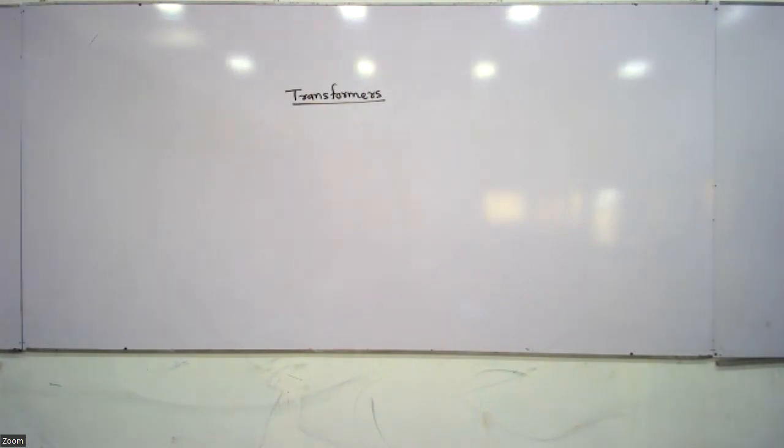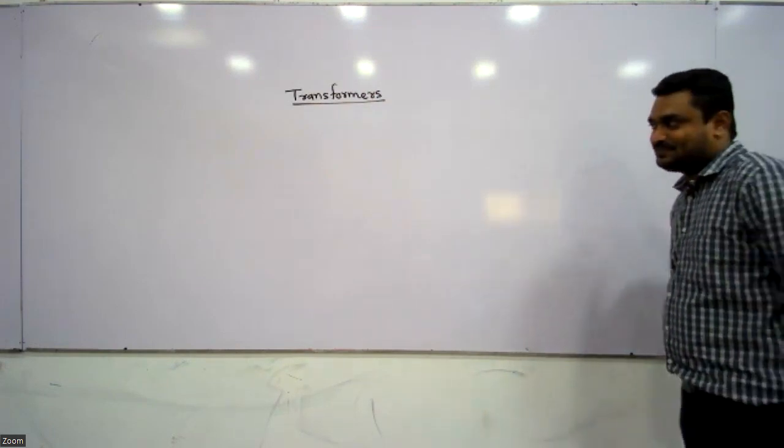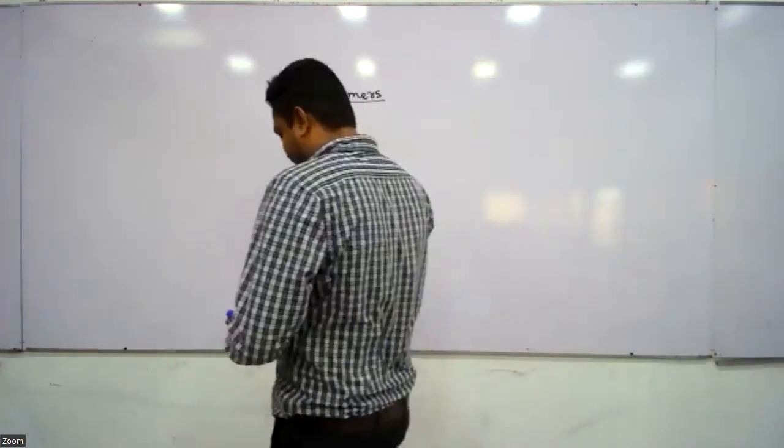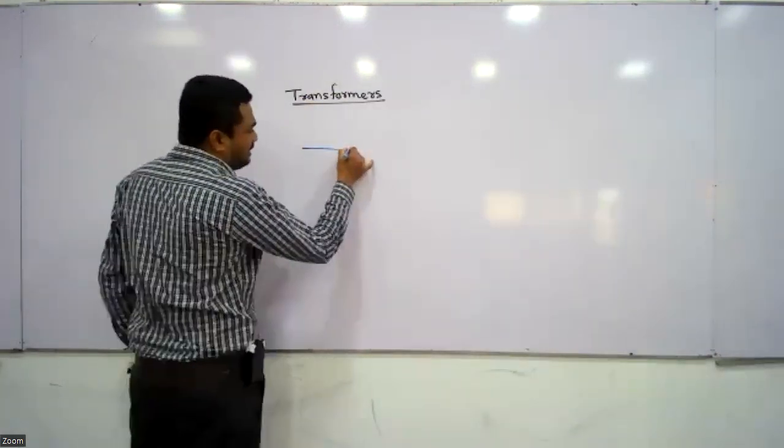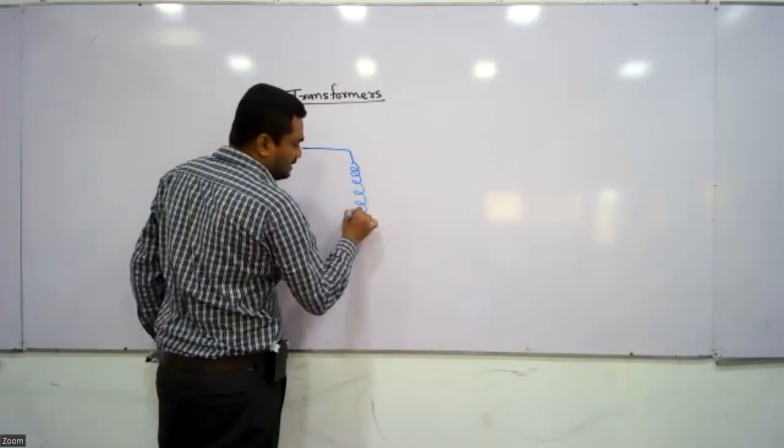A transformer is a device which is used to increase and decrease alternative voltages. Isn't it? A transformer has two coils.